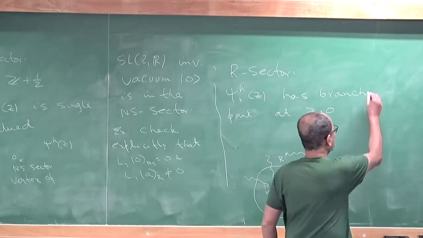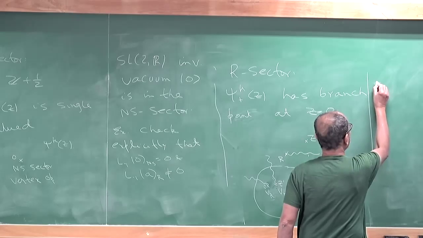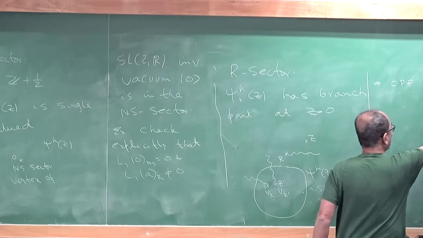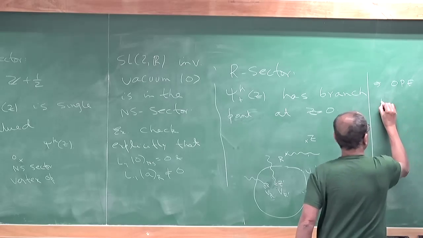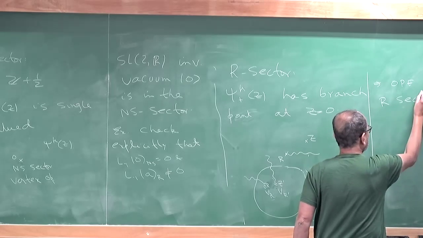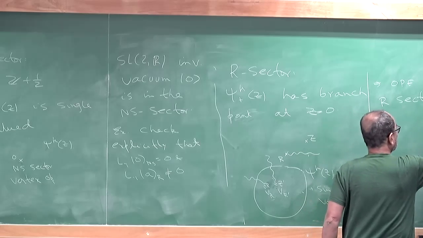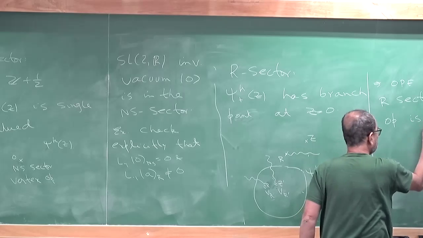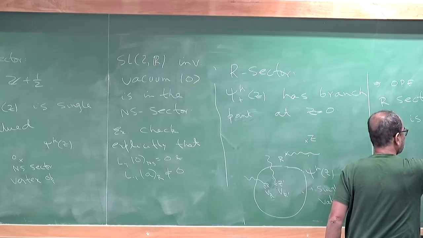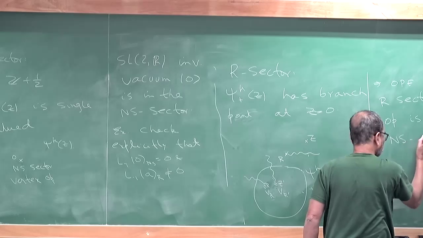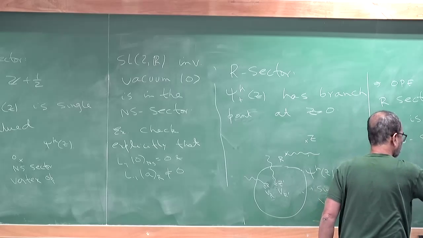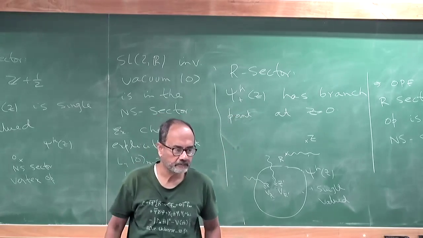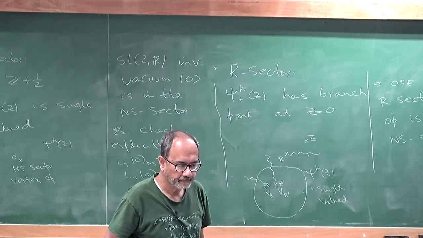The product of two Ramond sector operators is in the NS sector. Exactly. So the OPE of two R sector vertex operators is in the NS sector. But three is again in the R. Three is in R.